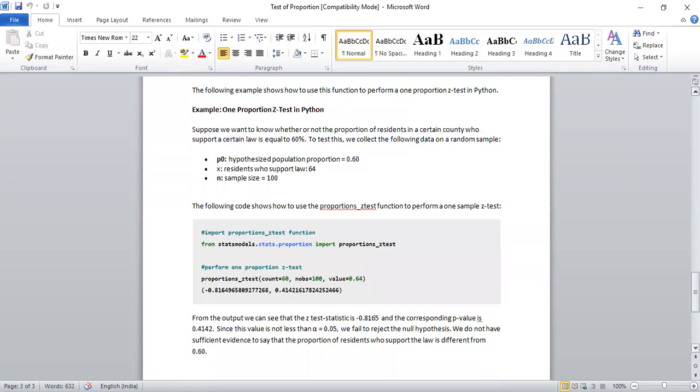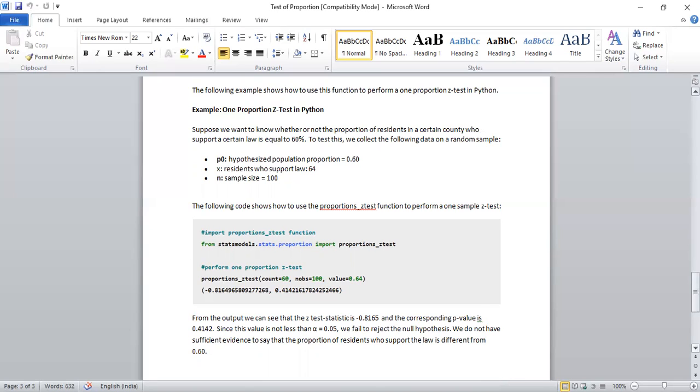Suppose we want to know whether or not the proportion of residents in a certain country who support a certain law is equal to 60% or not. So we're talking about the proportion. To test this, we collect the following data on a random sample.